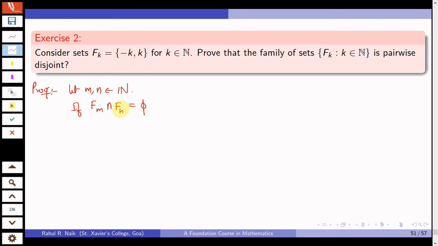So we have, if this is non-empty, then I should be able to show that the only possibility for m and n is that m is equal to n, which says that the given family of sets is pairwise disjoint.